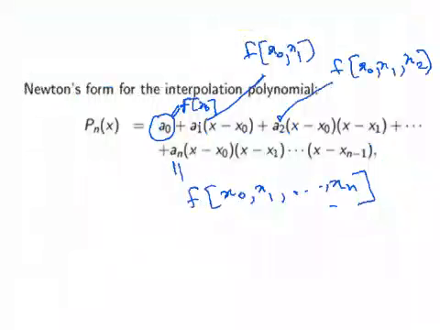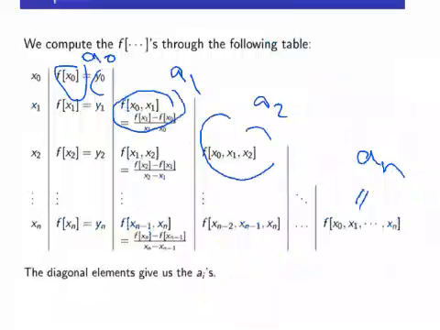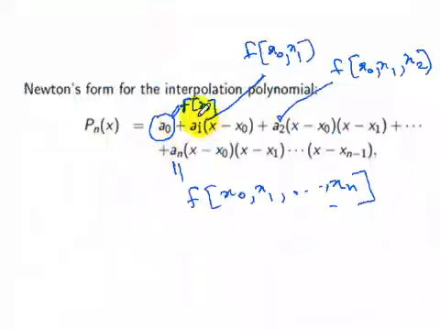So you plug these things in. So this is your f of x naught, comma x1, and so on and so forth, right?